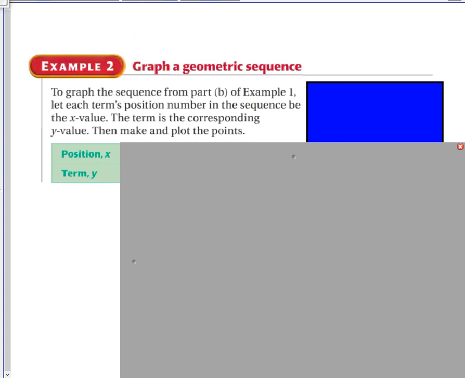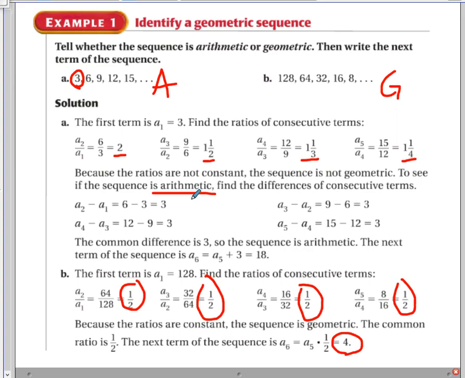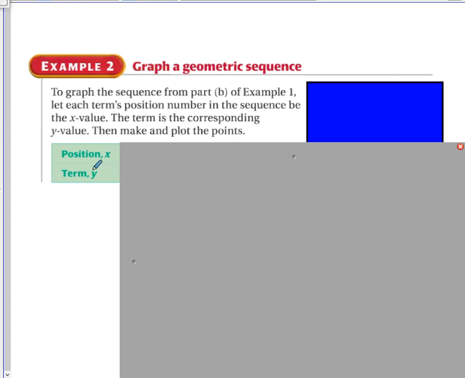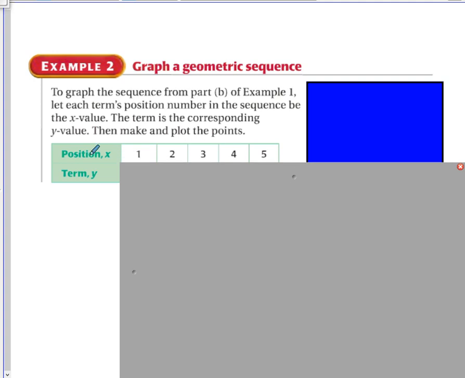If you remember, we're going to talk about this pattern right here: 128, 64, 32, 16, 8. Those are going to be our terms, our y. So I'm going to write it this way. My x's are the position, meaning the first term, the second term, the third term, the fourth term, and the fifth term.